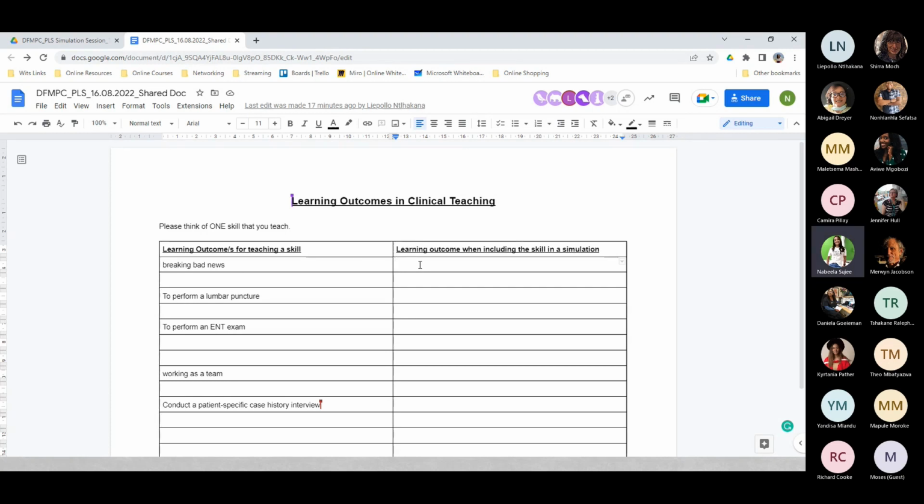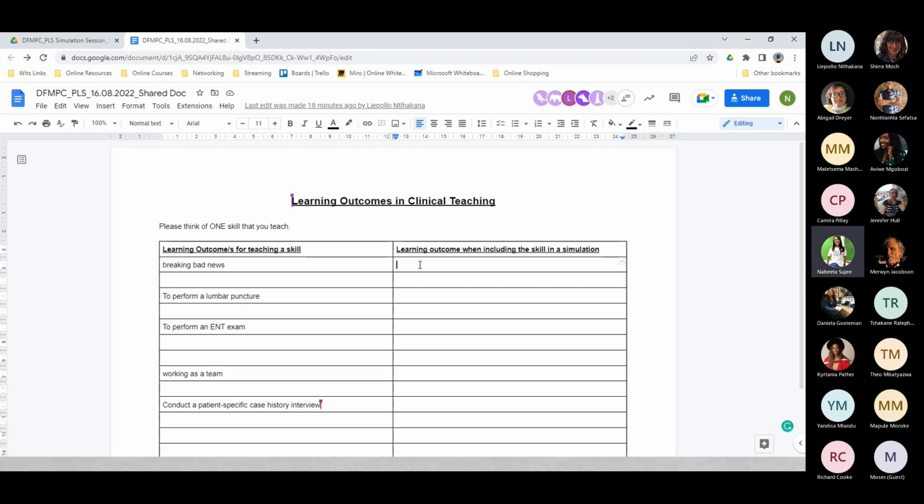So for example, when we're teaching breaking bad news, you'd teach students this through a skill sheet or a lecture or maybe a simulated patient. My challenge to you now is, now that you're going to teach it in a simulated scenario, how does the objective change? So from performing a lumbar puncture, how does that objective change in a simulated scenario? Or what's added to the objective when you're doing it through simulation?